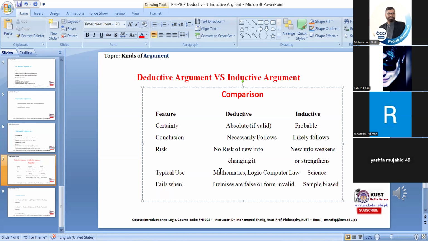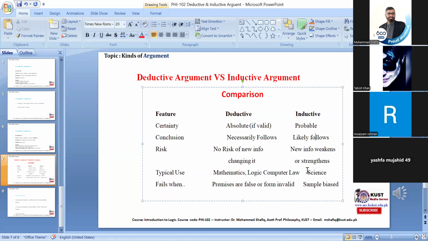So mathematics uses deductive argument, logic also uses deduction, computer science also uses deductive argument, and in law we see there is a general law, and then particular instances are supported by that general law, and that is a kind of deductive argument. On the other hand, inductive argument is used by science.